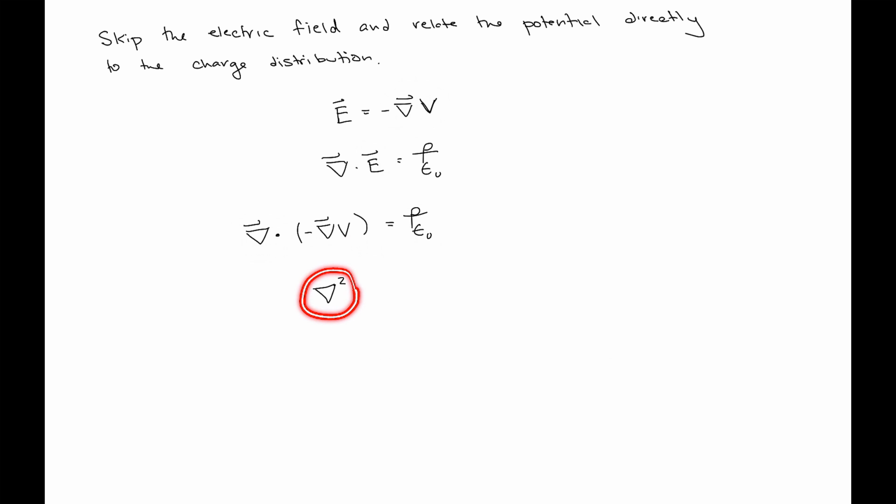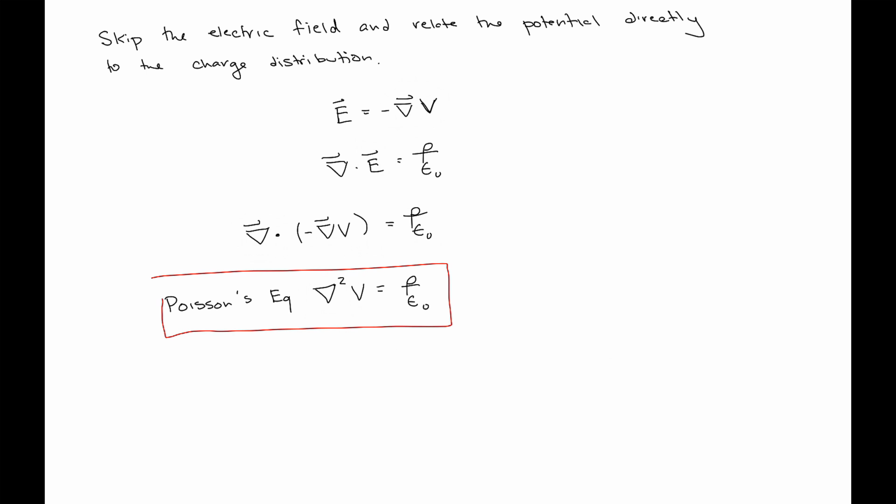So this is a second order partial derivative of the potential, and that's going to be equal to the charge density over epsilon naught. And this is what's known as Poisson's equation. Okay, so that's an important one.